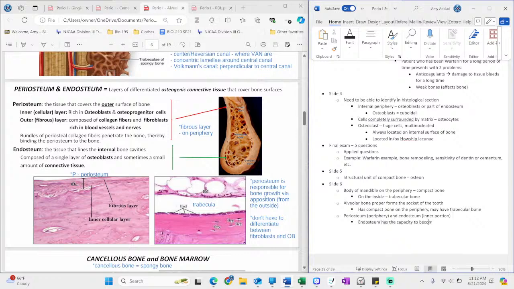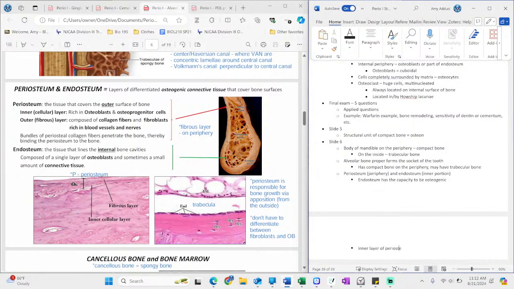Cells of the endosteum can become osteoblasts and create more bone. Okay? The same way that the inner layer of the periosteum is also osteogenic, because we may find in that inner layer of the periosteum osteoblasts or progenitor cells to add bone from the surface by apposition. Okay?